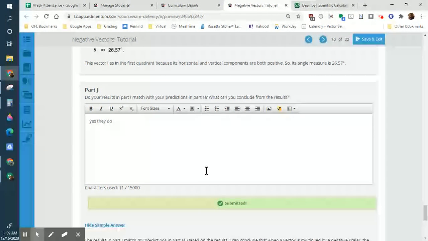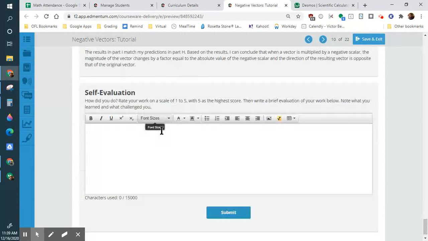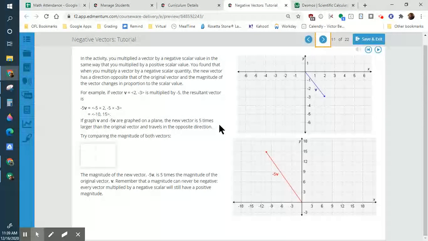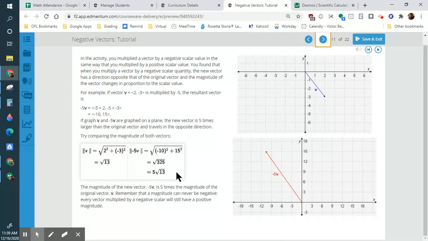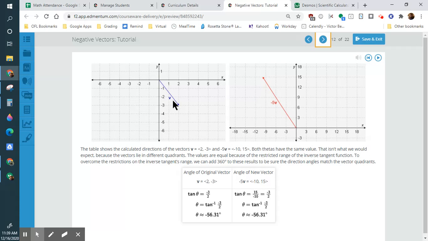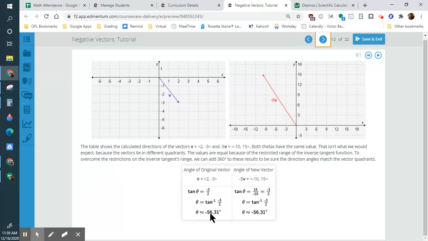What can you conclude from the results, obviously what we've already said a few times? And then let's see what else we got here. All right, so next one, same thing. We can just multiply it afterwards. Now we've just proven it. Negative direction, so it's going to be 180 degrees difference when we do this, which I think is a really bad example how they set it up because it's the same angle.